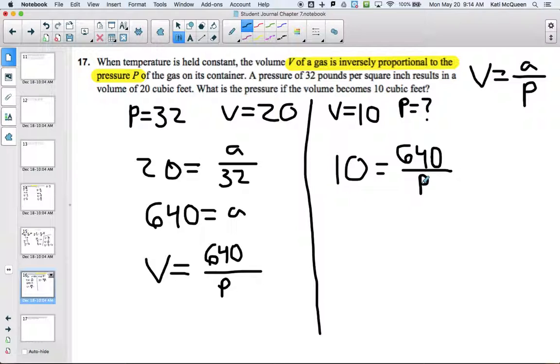Okay, so this is a little bit different than the ones we've been doing because we're used to solving for this variable over here, but it's going to work the same way. We just have an extra step. So to get rid of the fraction, I'm going to multiply each side by P. So P times 10 is 10P. And on the right side, those P's cancel out just to be 640. And then divide each side by 10.